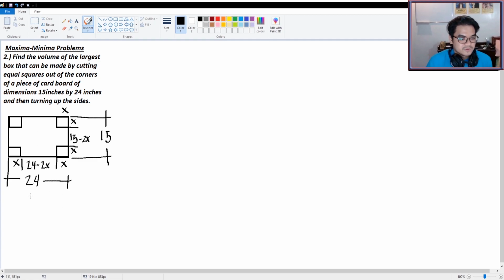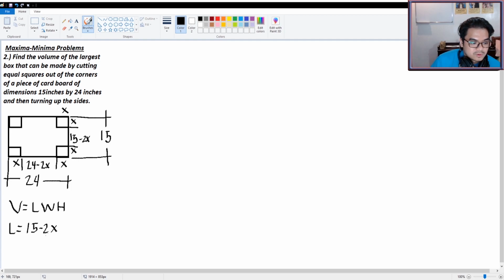There's just a little bit of difference, but the volume of the box will not change. That is still length times width times height. So from that, your length will be 15 minus 2x, and your width will be 24 minus 2x, and your height is, again you have to turn this side up, and your height will still be x.